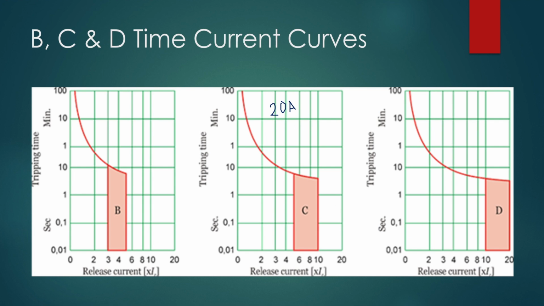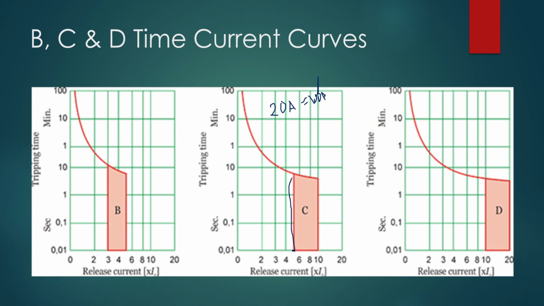We can refer to the graph of the C-type, and let's assume that we had an overload of 5 times its rated current, which is going to equal 100 amperes. So 5 times its rated current lies here in this graph.